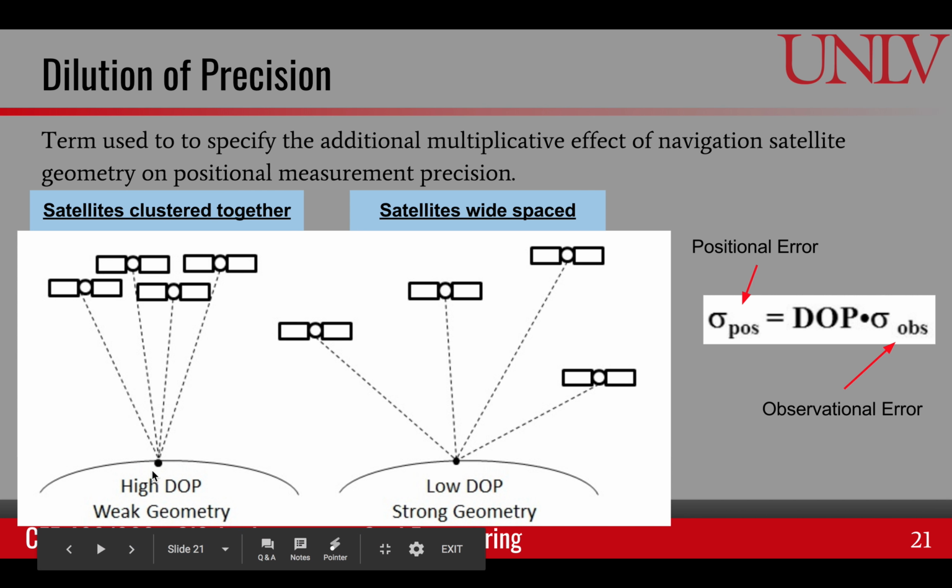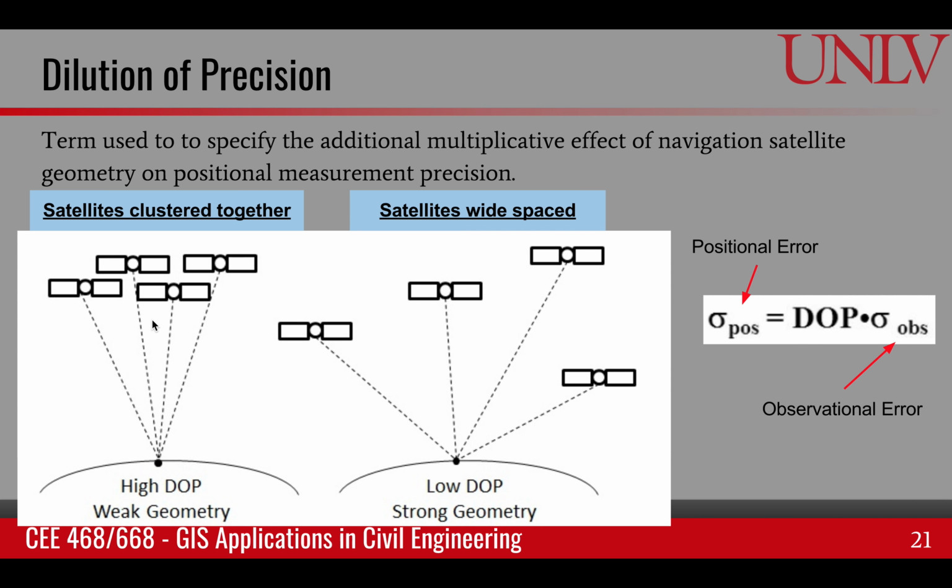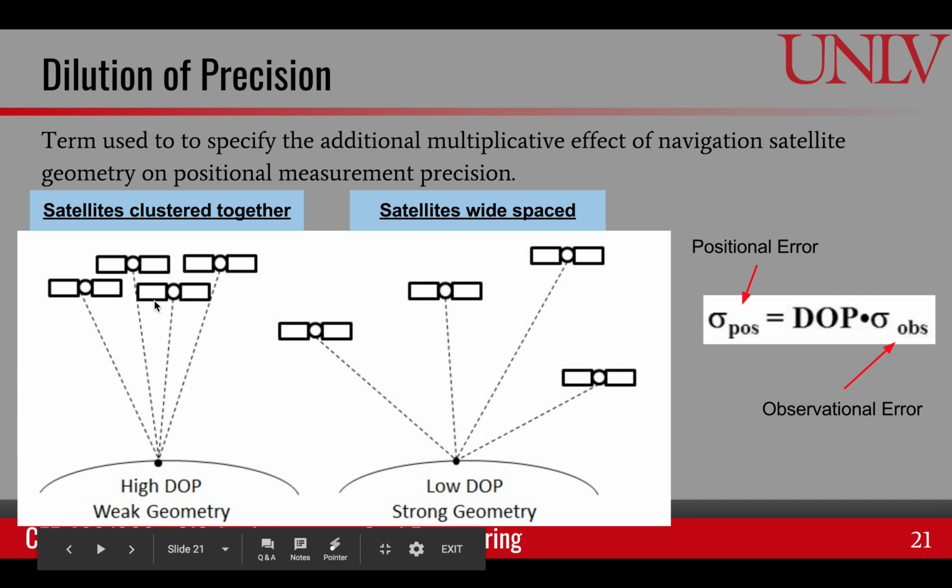If the satellites are all clustered together at the time of measurement, then these spheres that are formed can be treated as very close to a single sphere with some variations. So there's not much diversity of these measurements, and so our precision will be diluted, and the dilution will be high. And so this is also called a weak geometry.